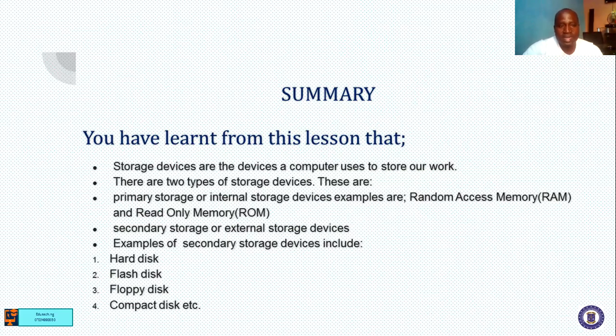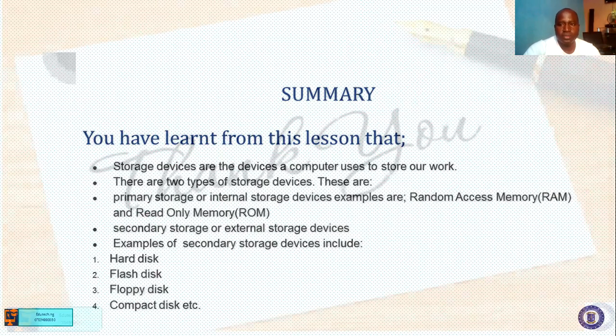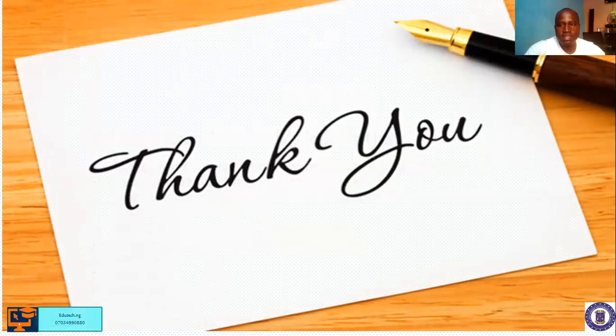And we also learned that there are two types of storage devices: the primary storage devices, which are also known as internal storage devices, and the secondary storage devices, known also as external storage devices. Examples of secondary storage devices include the hard disk, the flash disk, the floppy disk, the compact disk, etc. Thank you, and stay safe.